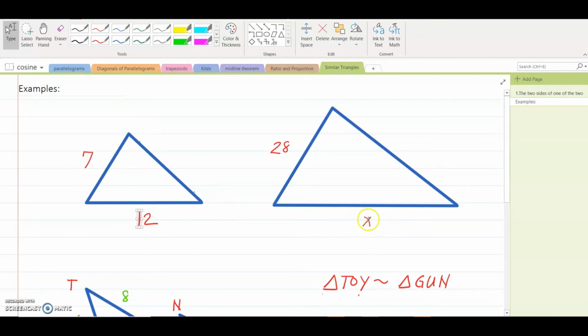So this is the unknown side. To solve for this side, we're going to relate this triangle to this triangle by writing the proportion of these two ratios.